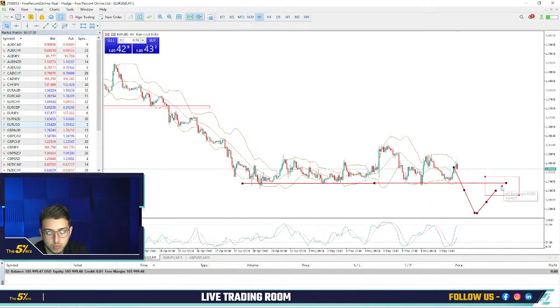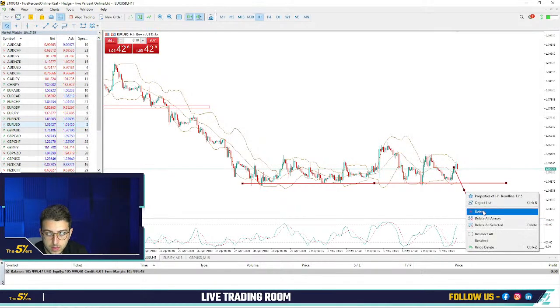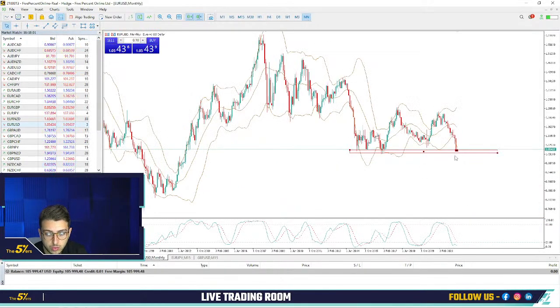Only when the price crosses below will I be thinking, okay, macroeconomically we want to buy the dollar, technically there is nothing to tell us to make a buy, so I will sell. But here we are in a zone that is critical for the next weeks and the next months, according to the monthly chart.